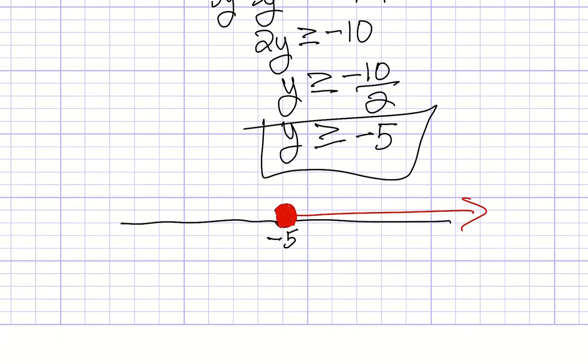Negative 5 is included, and then it goes in the positive direction of the infinity. Okay, it's like that. You see that, right? So basically we're done with that.